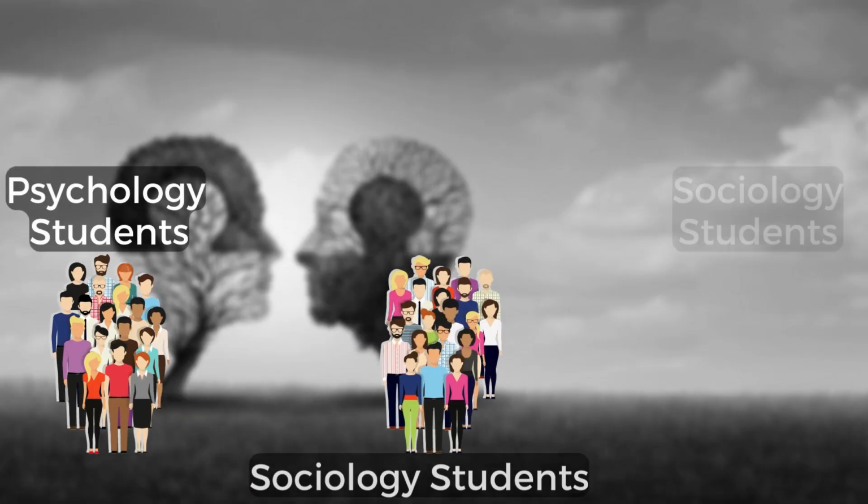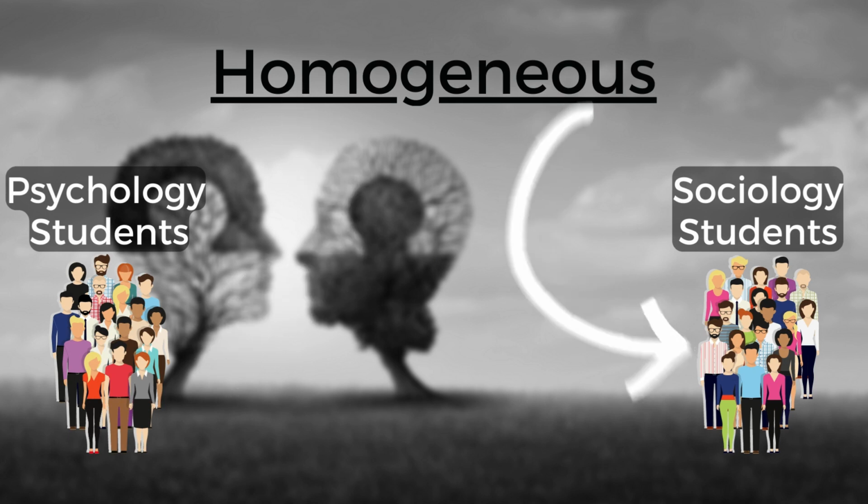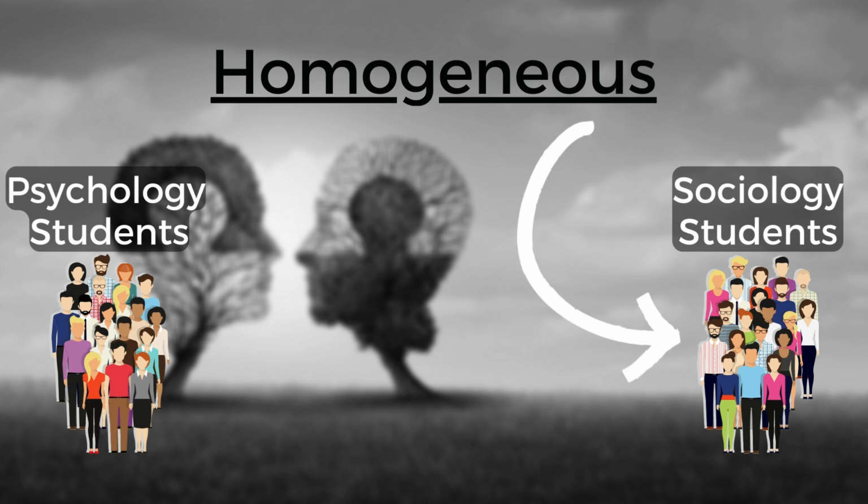For example, if we are comparing the students of psychology with the students of sociology, up to what extent the scores of the psychology students are homogeneous, and up to what extent the scores of the sociology students are homogeneous, basically on this it will depend whether we will get the right differences between the mean scores or not.